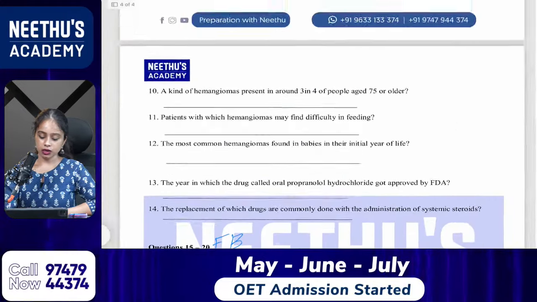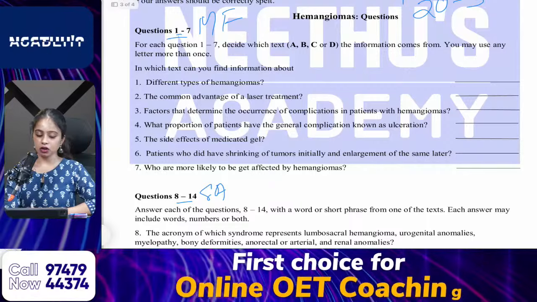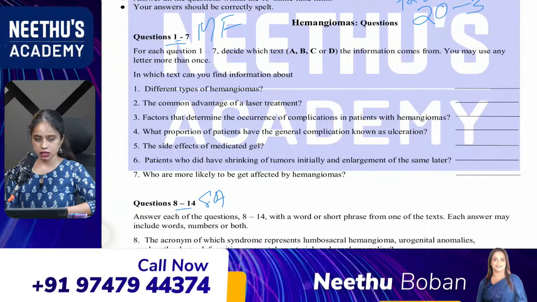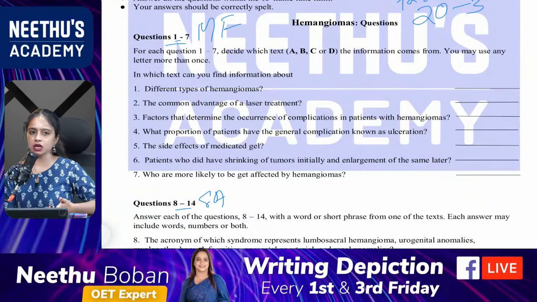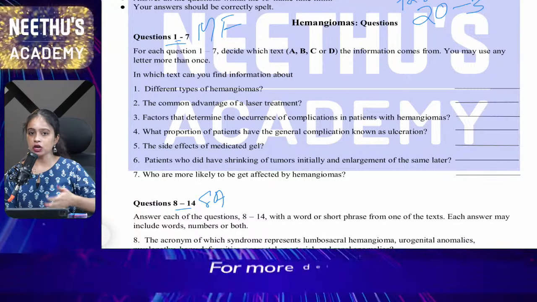What is the important instruction for questions 1 to 7, match the following? For each question 1 to 7, decide which text it is, whether A, B, C or D. Always you guys will make a mistake when you do this match the following question. I'm saying this about the beginners.